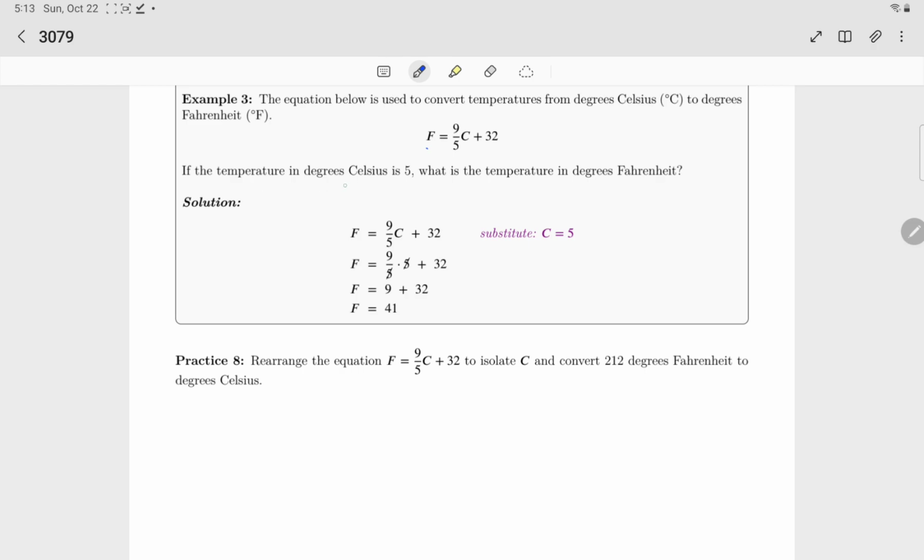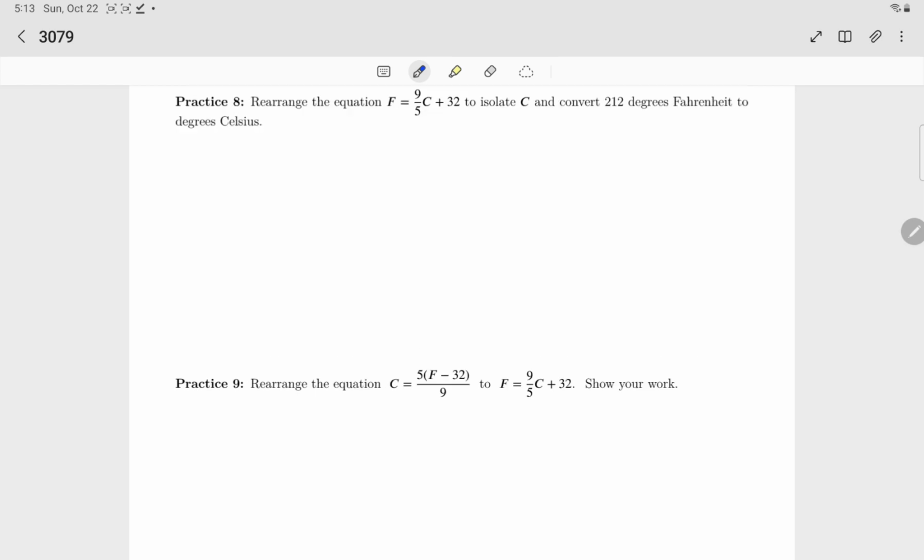If the temperature in degrees Celsius is 5, find the temperature in Fahrenheit. All we have to do is substitute 5 for C. This equation is already rearranged for F, or temperature in Fahrenheit.